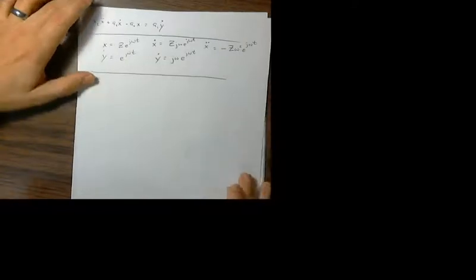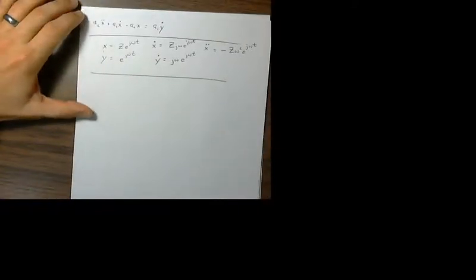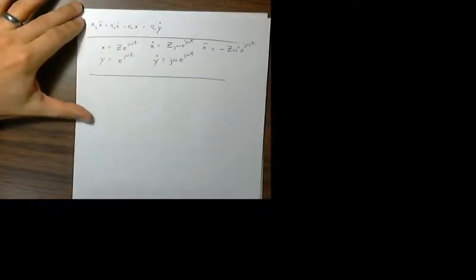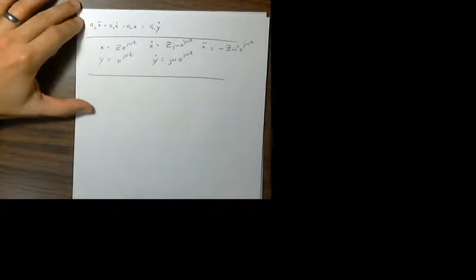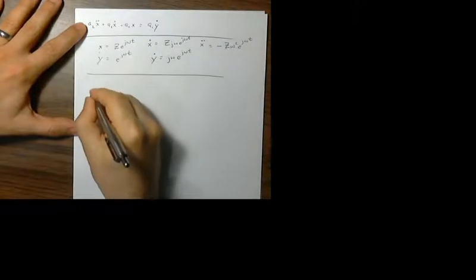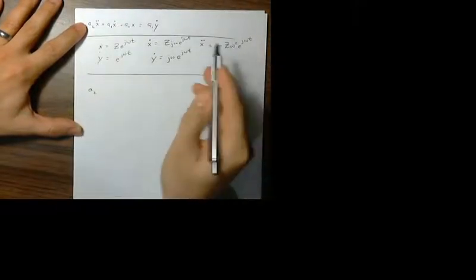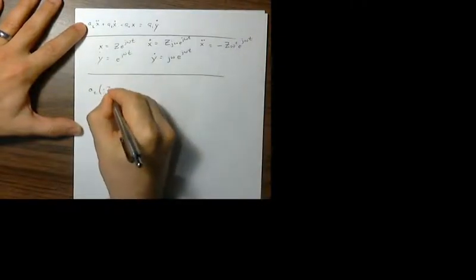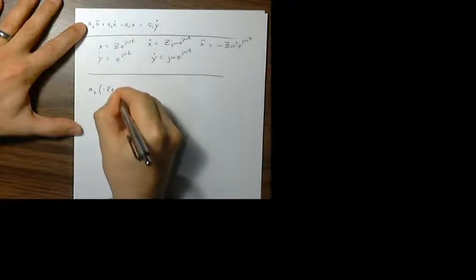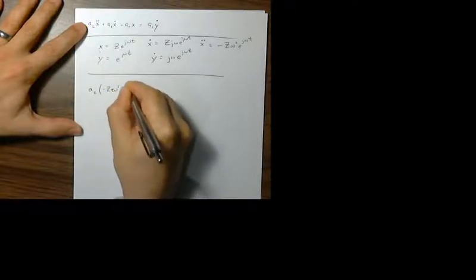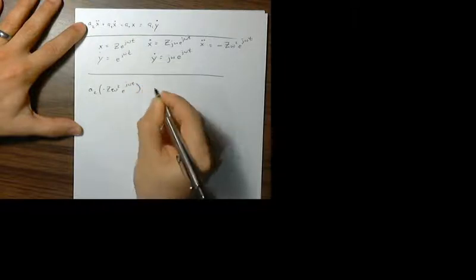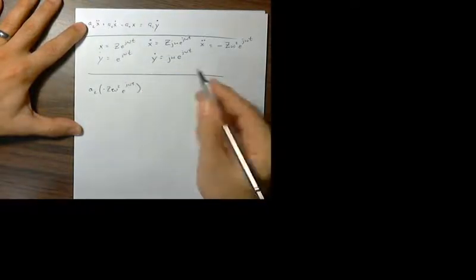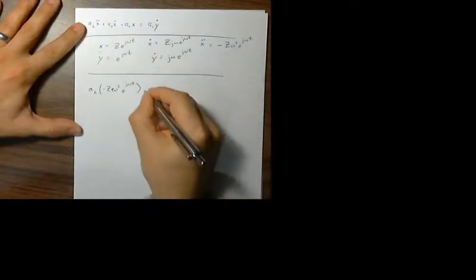All right, so normally to save time, this is where I ignore my e to the j omega t's. But just to be thorough and remind us all how this works, I'm gonna actually bother to write it out. So here we'll substitute this whole thing in, whoops, omega squared e to the j omega t. To save time, normally I don't bother writing that e to the j omega t because I know it's going to cancel out. It always does.